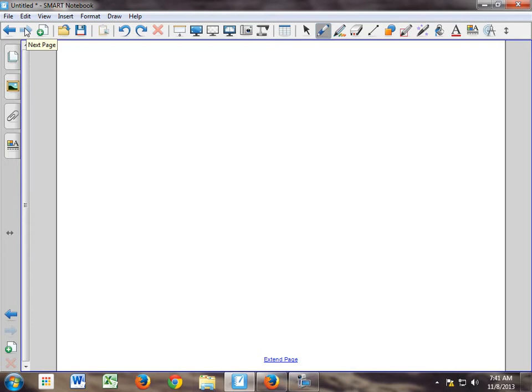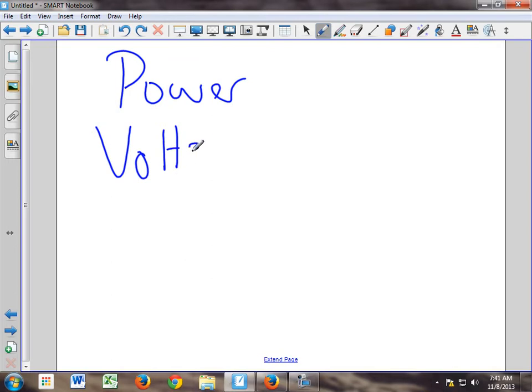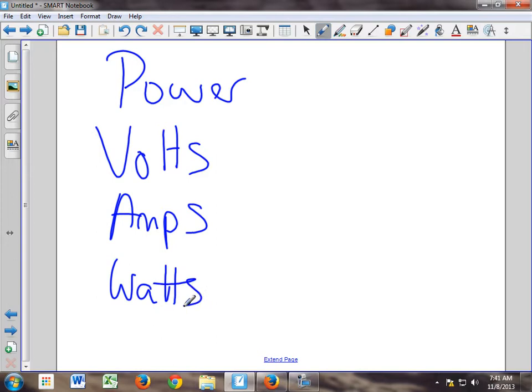Okay, so while we're talking power, let's talk our power terms, that we also need to be able to understand. And those are volts, amps, and watts. Those terms we need to be able to understand for this.